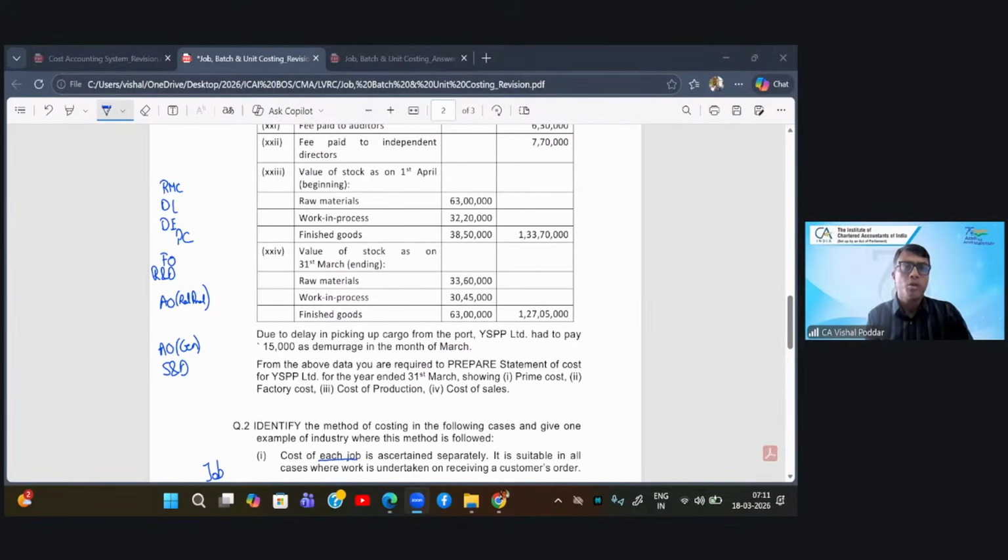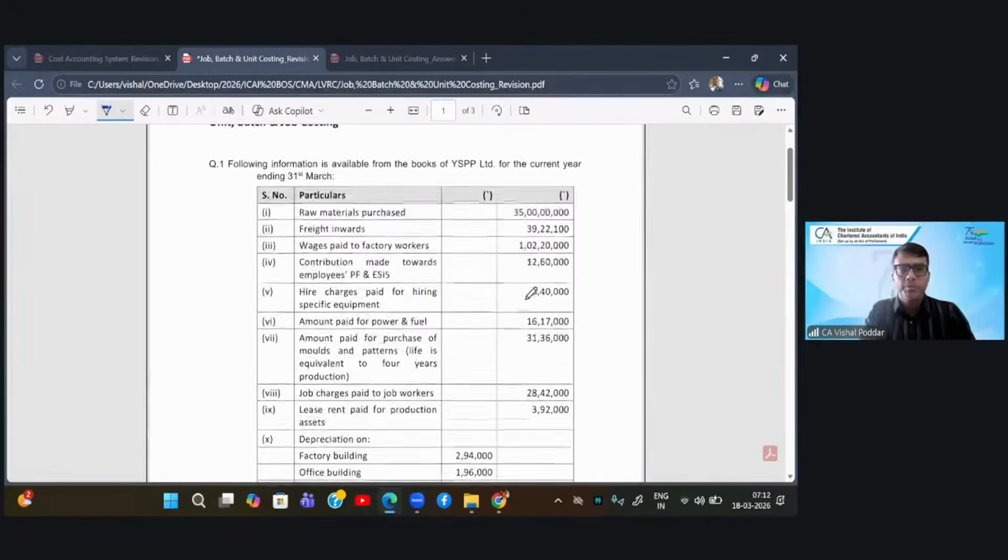But every time you will receive a different shape, size, design of that steering, which depends upon my requirement of the car. If my car is small, I may have a compact steering. I may have a round steering. If it is a sports car, I may have a stylish steering. So depending upon the specification and design I have given, you will be making the steerings for me. That is job costing.